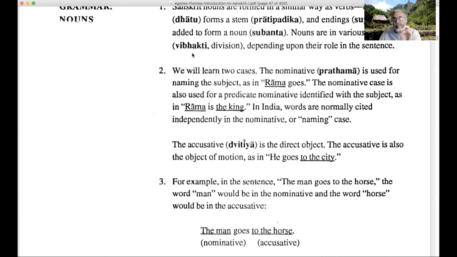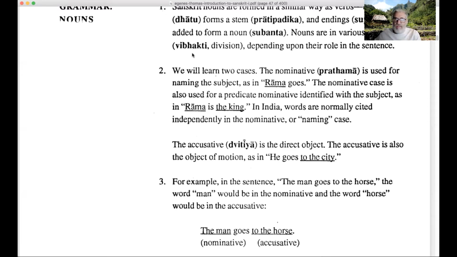And ashvaha has to be in the nominative case, and it has to be named, right? So the nominative pratama is used in naming the subject, as in Rama goes. So Rama goes would be Ramaha gachati. Gachati means he goes. Ramaha means Rama.